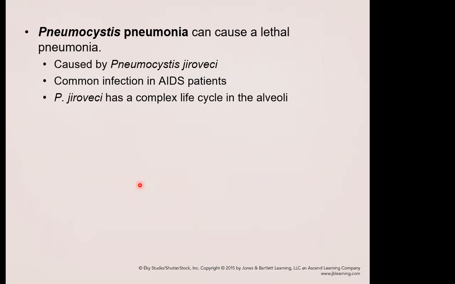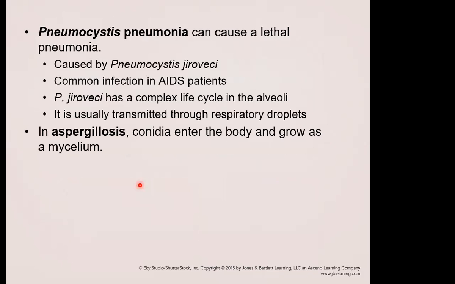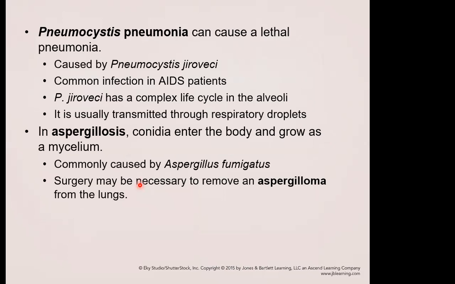We can have pneumocystis pneumonia. You all have heard of aspergillus? No? Aspergillus is a mold that can cause pneumonia. And if it grows and forms a mass deep in the lungs, that might have to be surgically removed.